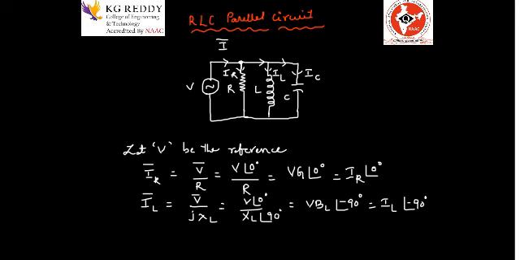Now, from this circuit, according to KCL, the entering current is equal to the leaving current. So I bar is equal to IR plus IL plus IC.